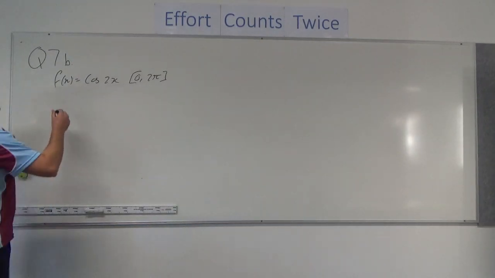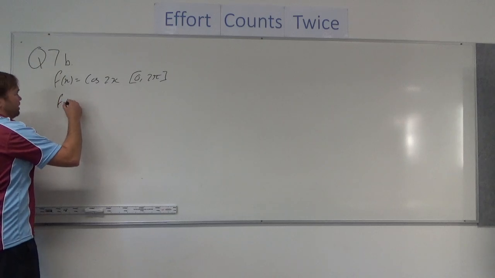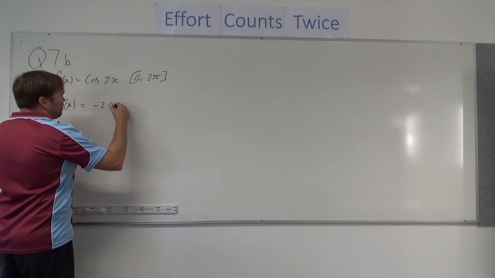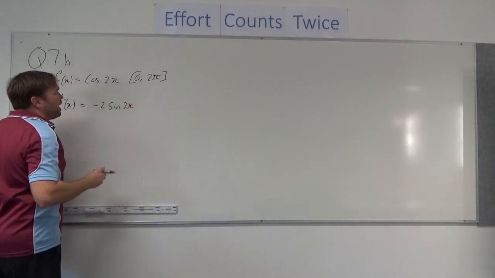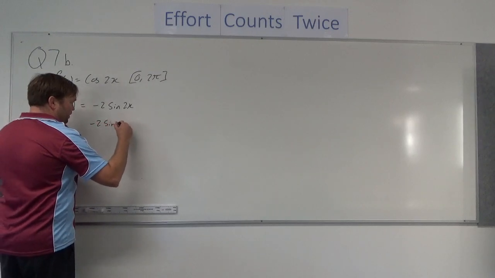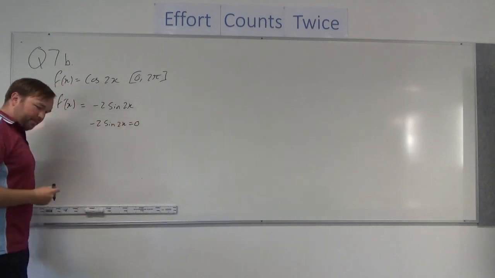So, first derivative, f dash x is minus 2 sine 2x, and you're looking for where that equals 0. Minus 2 sine 2x equals 0.